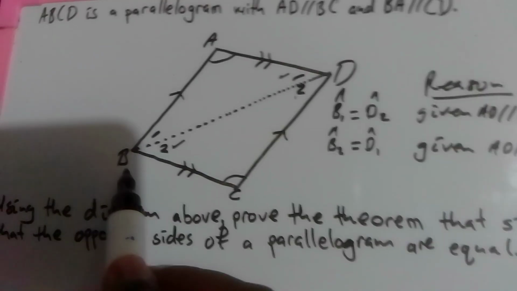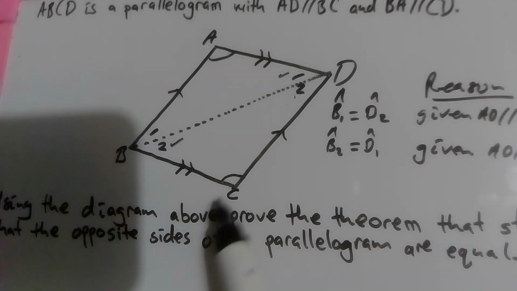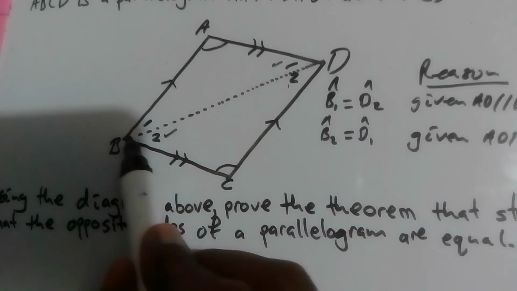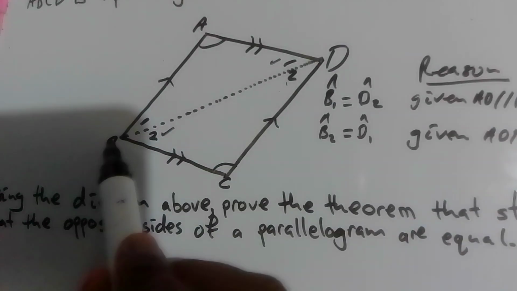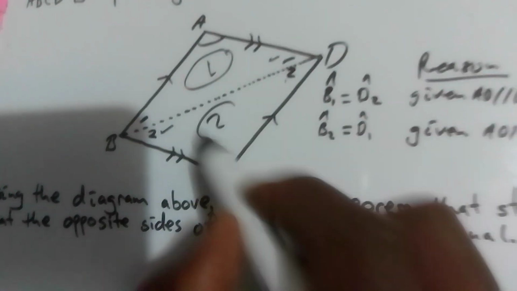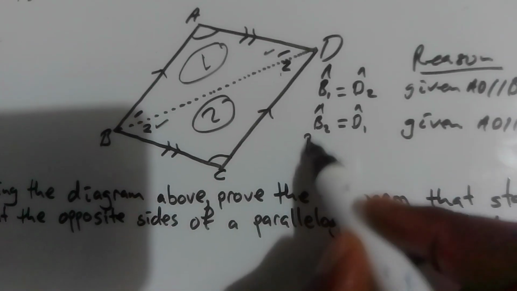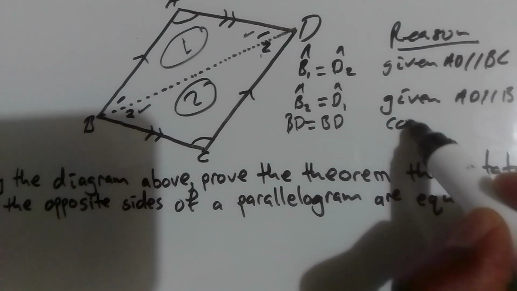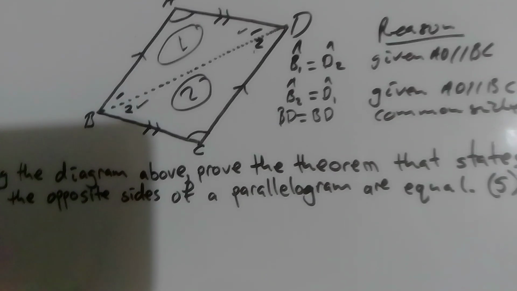Then last thing, check. I have triangle ABD and triangle CBD. There is this broken line, the diagonal line BD. It's found on this triangle and on that triangle. So now I say BD is equal to BD, and it's a common side. So what do I have?